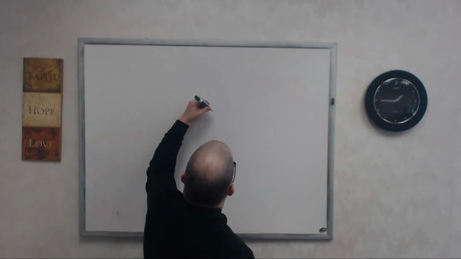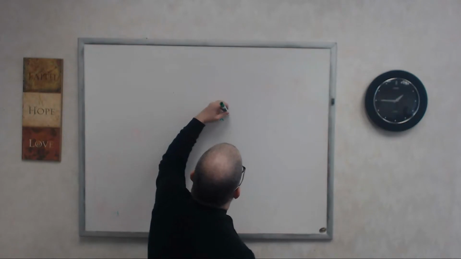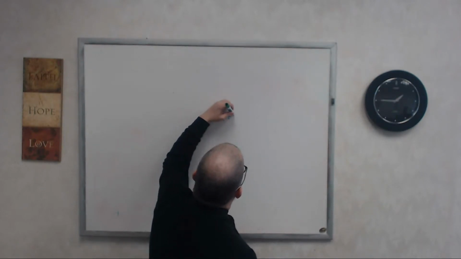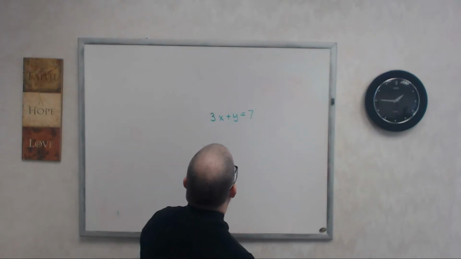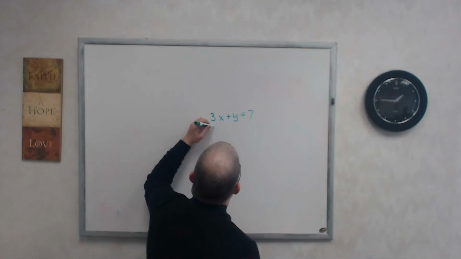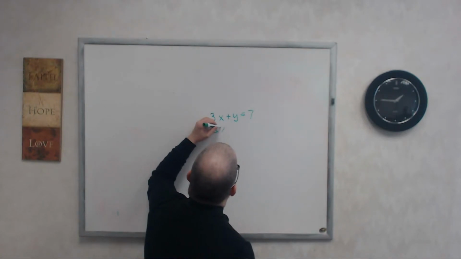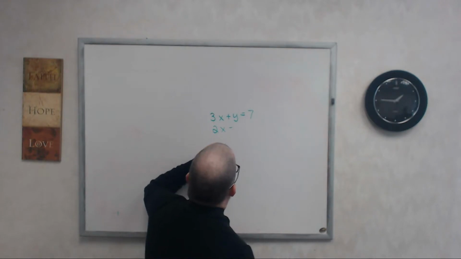I'm going to come up with a new one this time. It's going to be 3x plus y is equal to 7. And then the other one, we're going to change around a little bit.